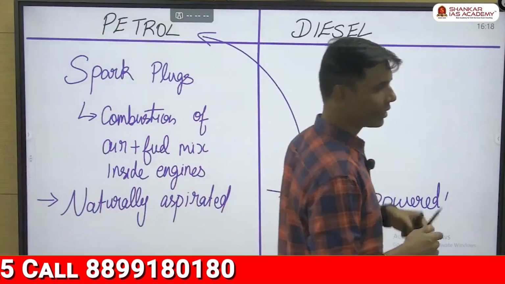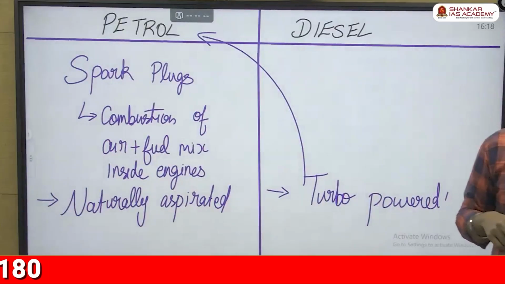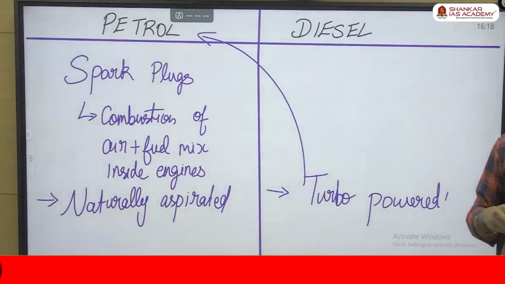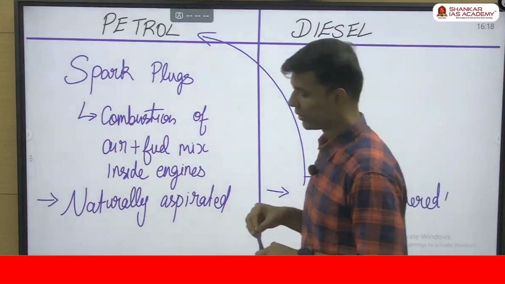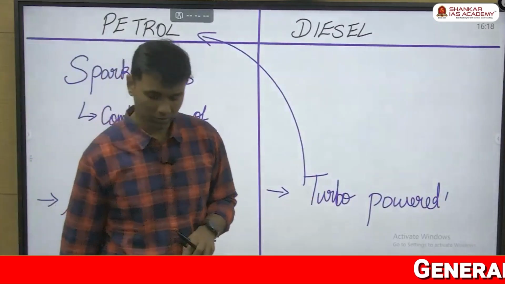Is it clear? So you can write: petrol engine, less maintenance; diesel engine, high maintenance. Generally, petrol engines have lesser maintenance cost and diesel engines have higher maintenance cost.